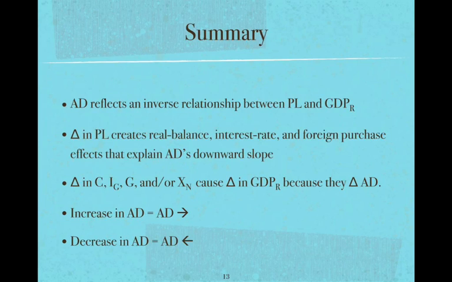Changes in prices create different reasons why we have this downward slope. We've got 4 determinants that affect aggregate demand: consumer spending, investments, government spending, and our net exports. And of course, always remember, increase always to the right, decrease always to the left.